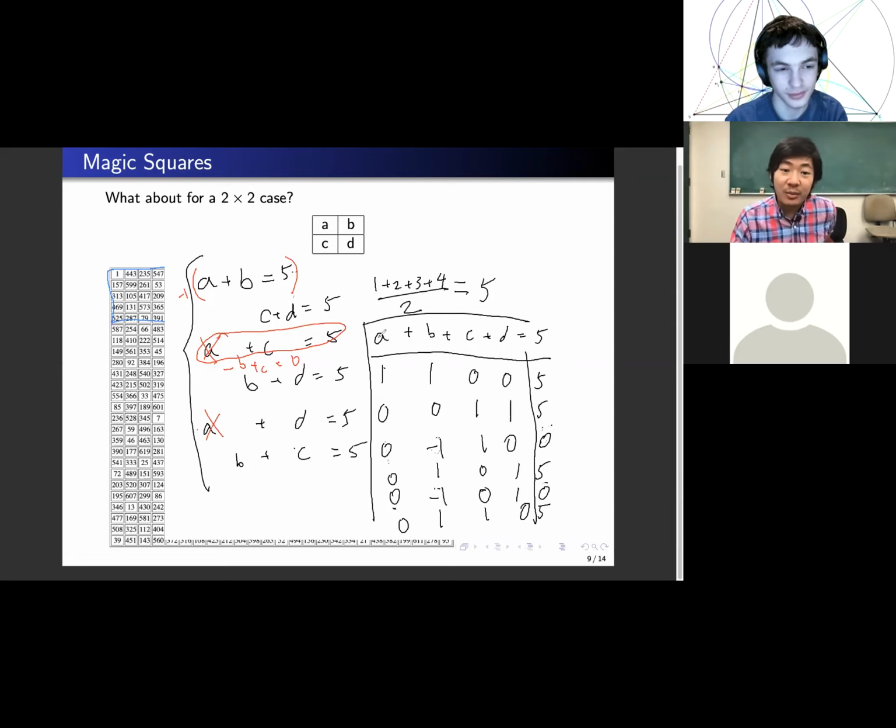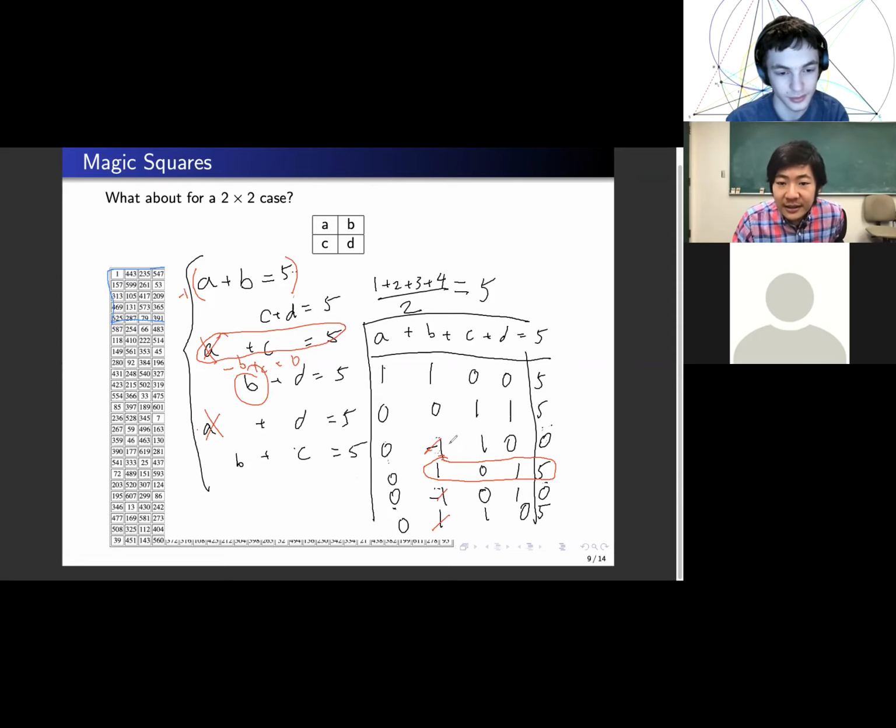And then we can repeat the process, but now we want to get rid of the B variables. So we can basically take one of these rows, I'm going to pick this because it looks the nicest, and add it in or subtract it to get rid of these other numbers.